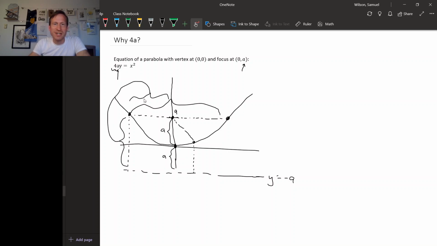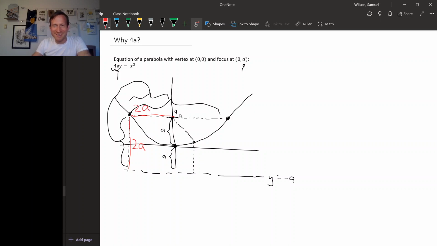So these 2 distances here in red have to be equal because that's the defining property of a parabola. But the distance from the point down to the directrix is just the same as the distance from the focus to the directrix, so that has to be 2a. But that means this red length on top is also 2a.